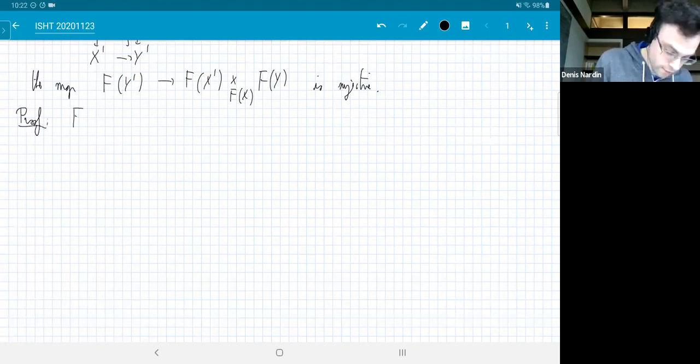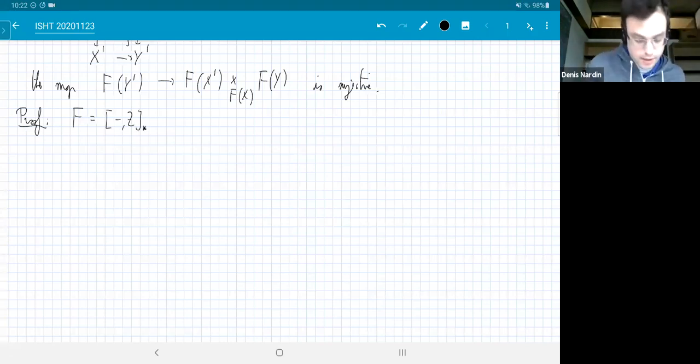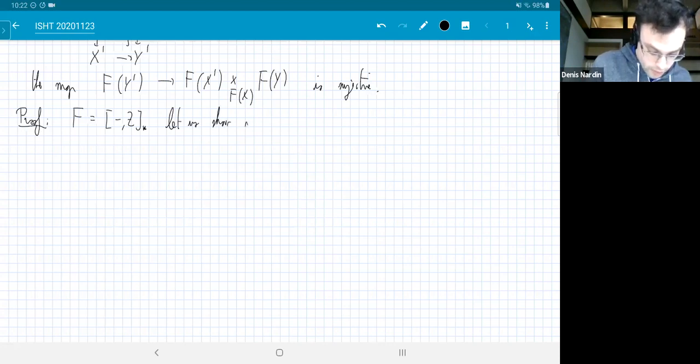Let's suppose that F is of the form pointed homotopy classes of maps into Z, and let us show it satisfies 1 and 2.